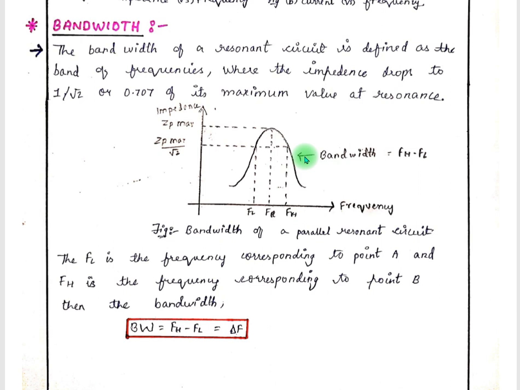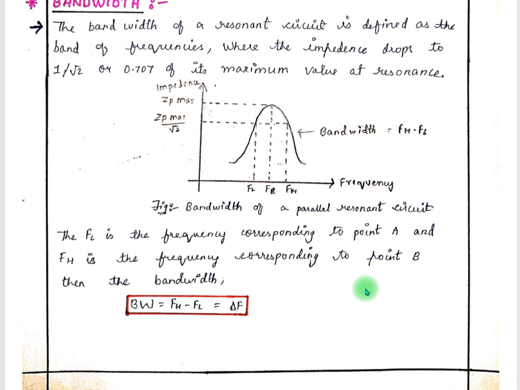Consequently, the frequencies FL and FH are known as lower half power and upper half power frequencies respectively. An important note: when a constant current source drives such a tuned circuit, the voltage versus frequency curve, and hence gain versus frequency curve, have the same shape as the impedance versus frequency curve. Such tuned amplifiers are therefore used for amplification of a narrow band of frequencies.